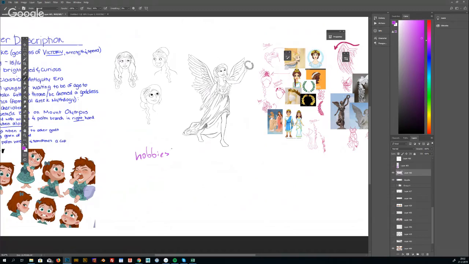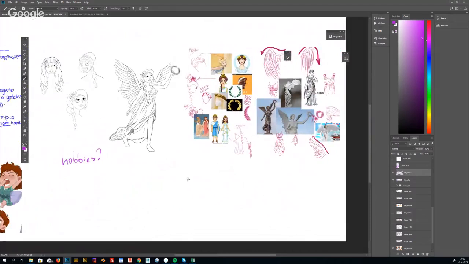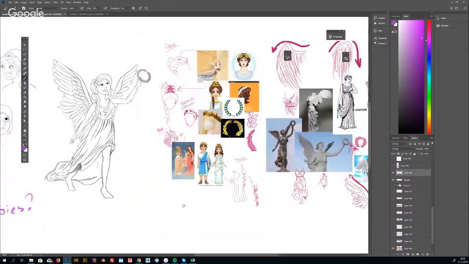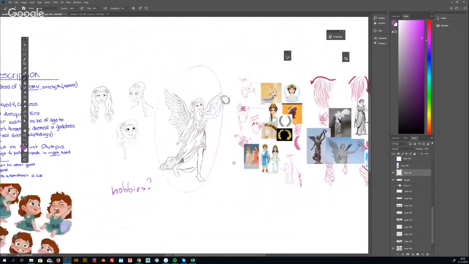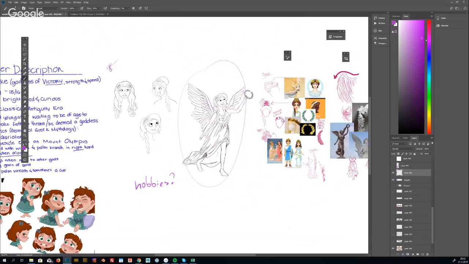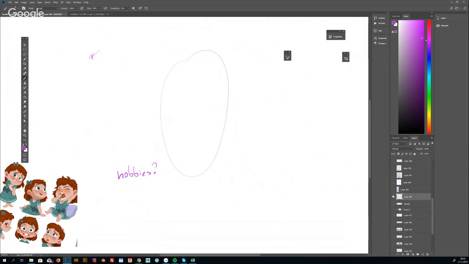And does she like being a princess? And does she like being the future queen? And how can you show that? And yeah, this really showed what you tried to make. So that's great. I would love to see some more poses that tell a bit more about her character in the next homework lesson.